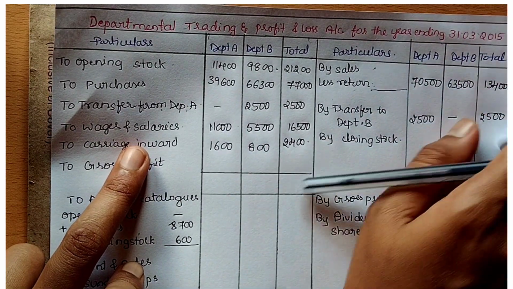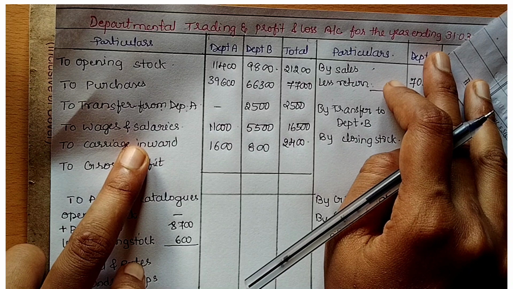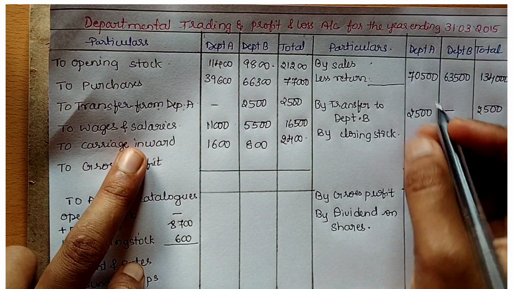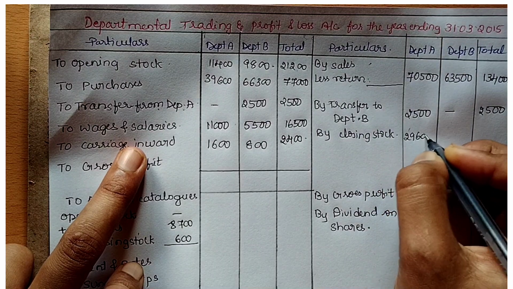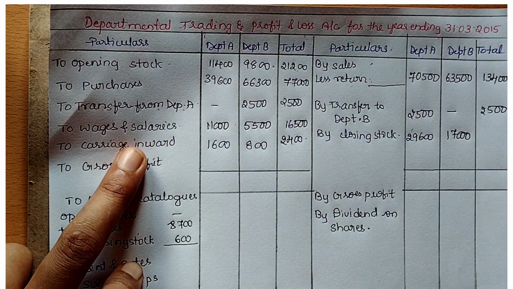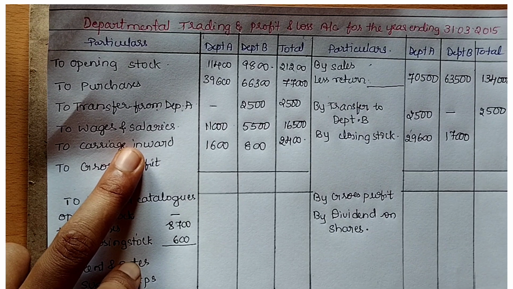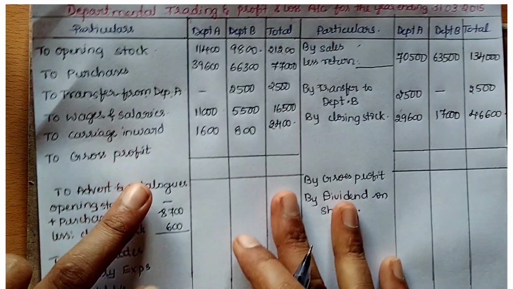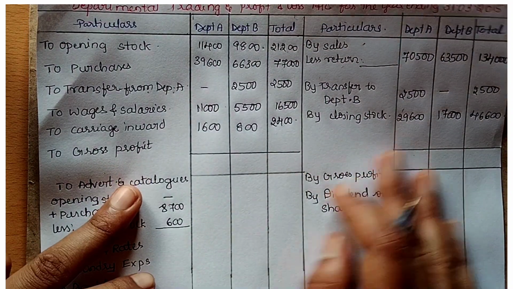What is the closing stock you got at the last in the adjustment? Fifth point, you have 29,600 and 17,000. Total it, 29,600 plus 17,000, 46,600. Okay, only this much.